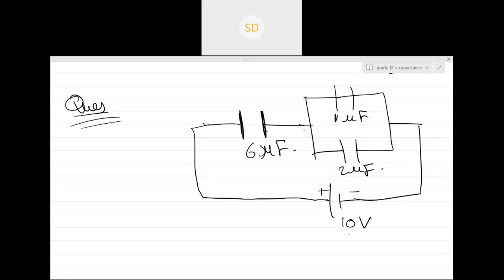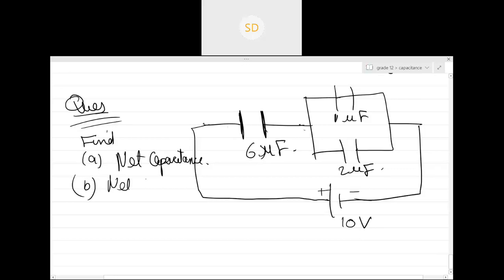One is 6 microfarad, one is 1 microfarad, and one is 2 microfarad. They are asking you to find the net capacitance. Can you say it's a combination of series and parallel both? You need to apply your brains, just like you did in grade 10 electricity. Same way. Also find the net charge coming out.